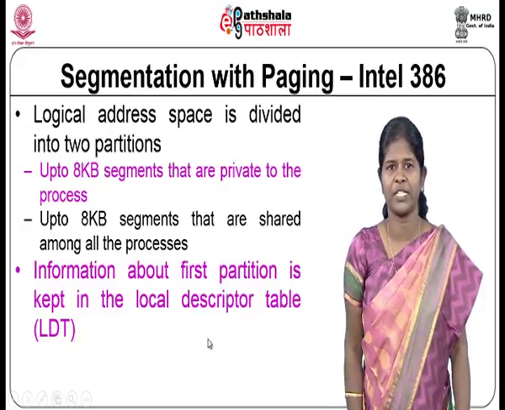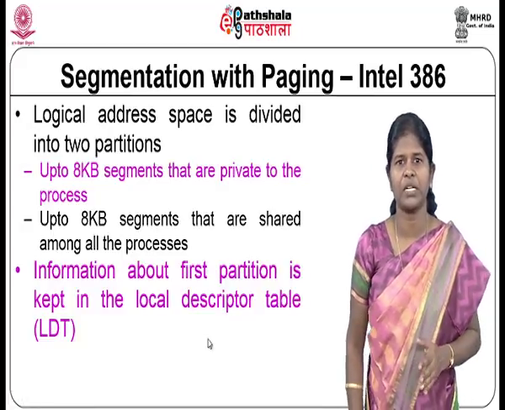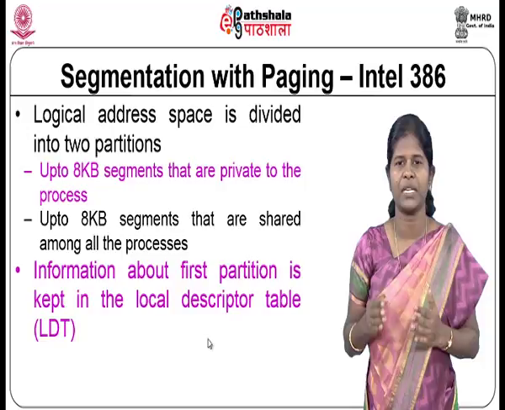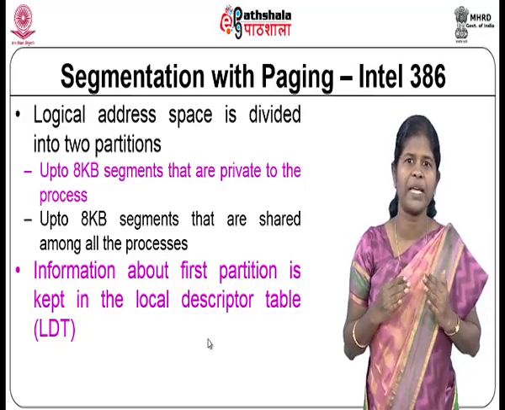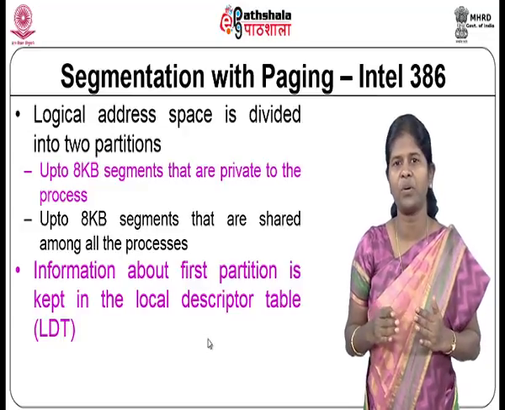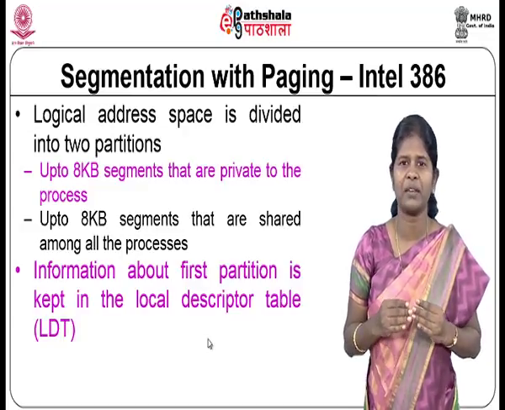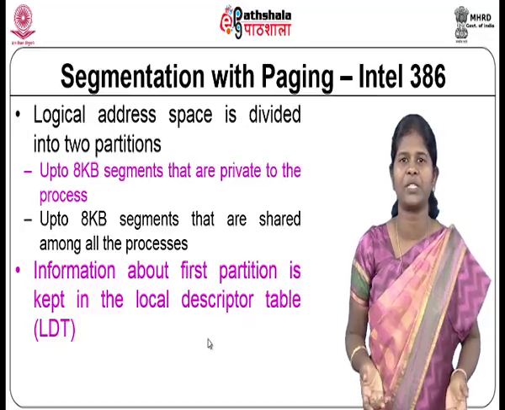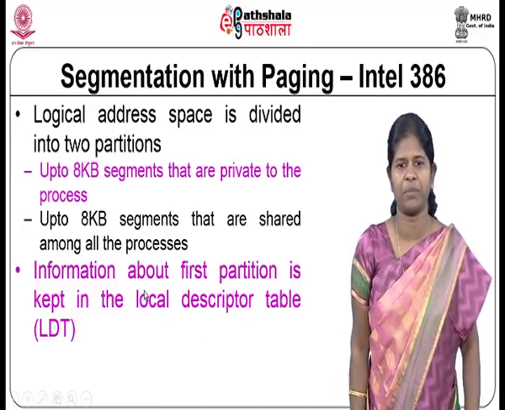Earlier when we learnt about segmentation, we understood that a process is divided into segments and information about the segments is placed in a segment table. But here, the information about the segments is placed in something called a descriptor table. The descriptor table is very similar to the segment table.